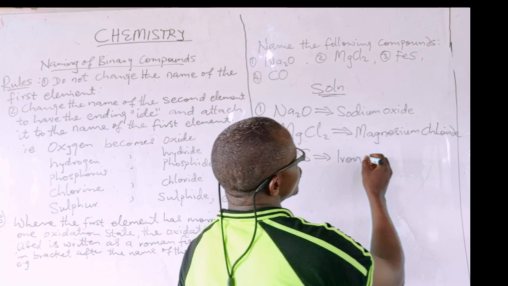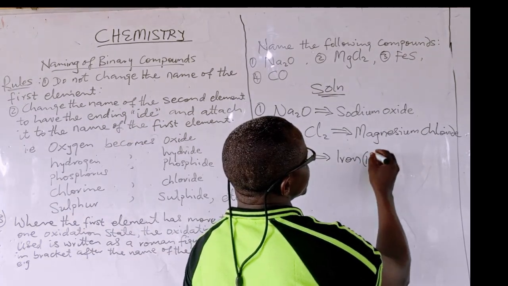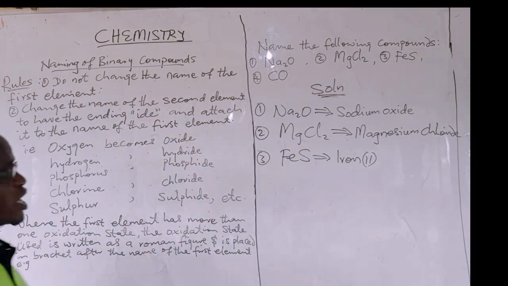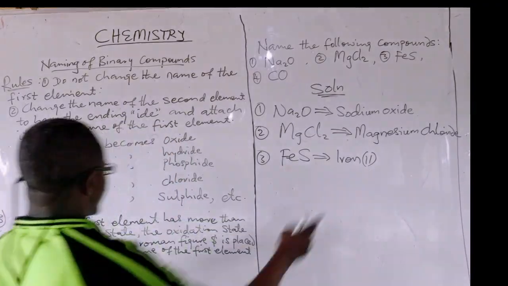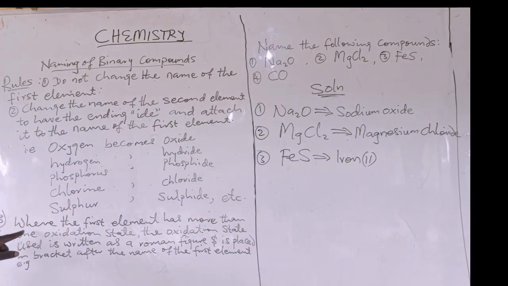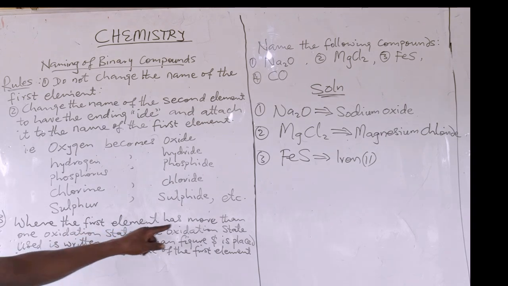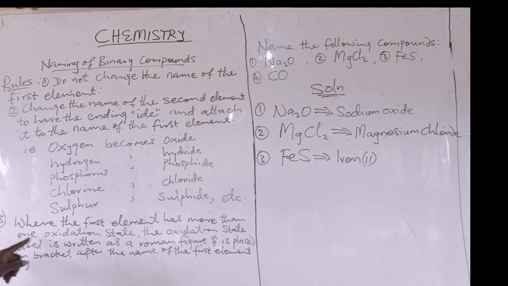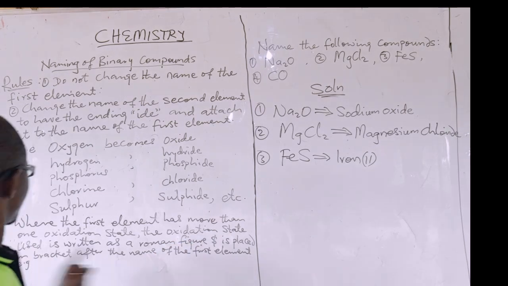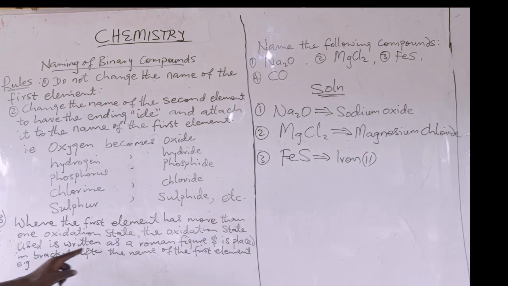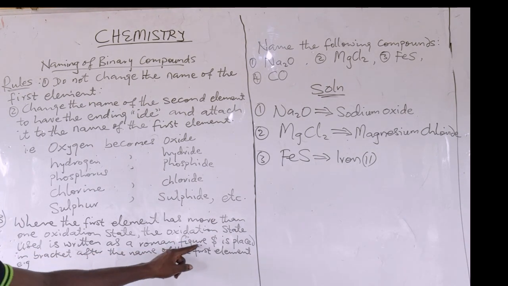So that plus 2, they said I should put it in a bracket after the name because the oxidation state of iron is plus 2 there, and they said where the first element has more than one oxidation state, the oxidation state used is written as a Roman figure.